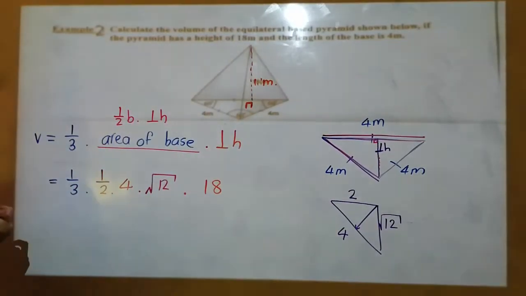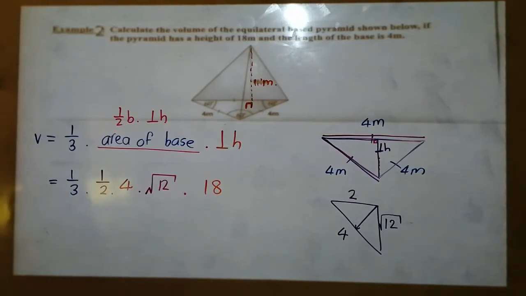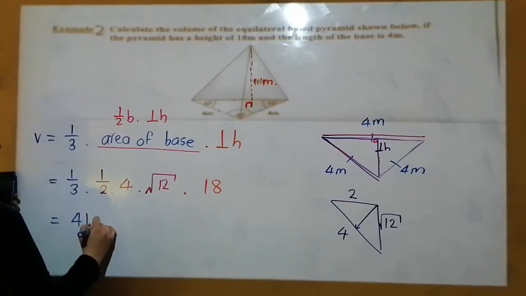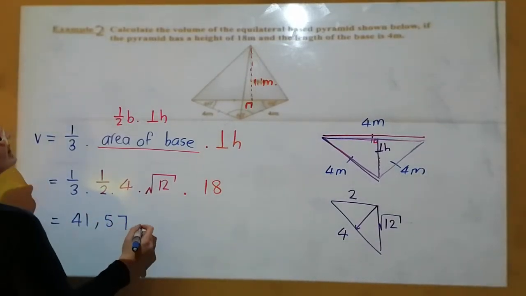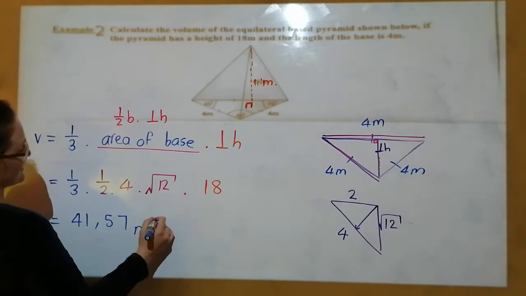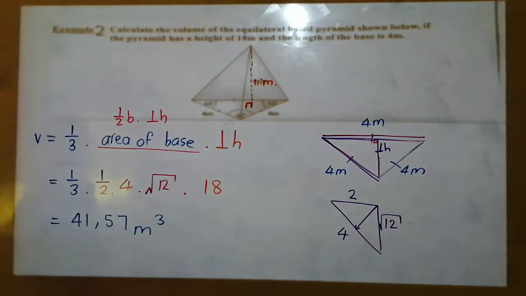And we're going to fill that into our calculator, and we're going to get an answer. And you end up with 41,57 meters cubed. Meters cubed because it's volume.